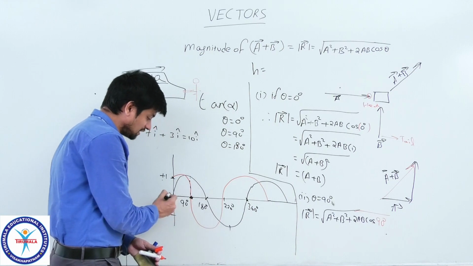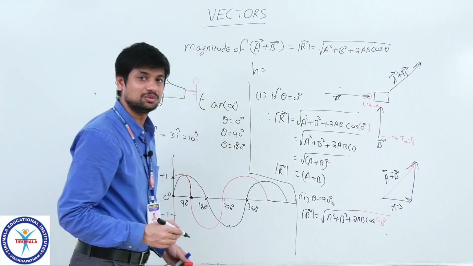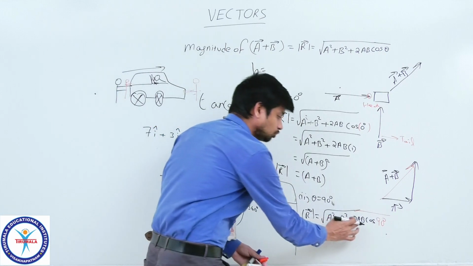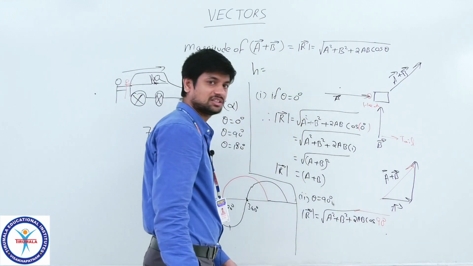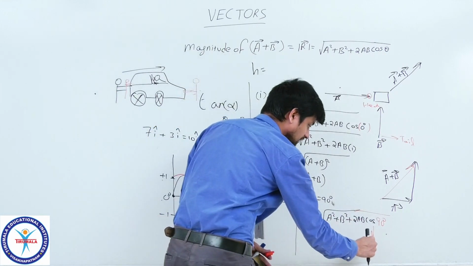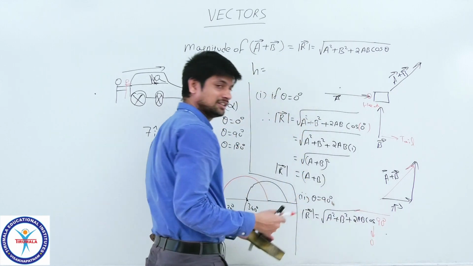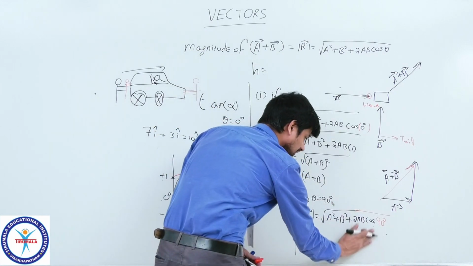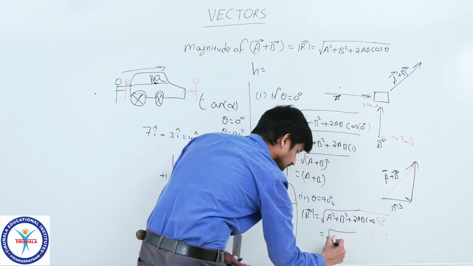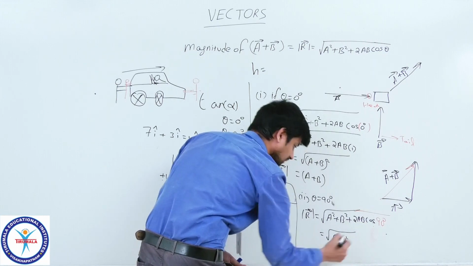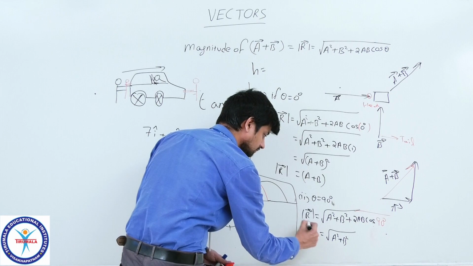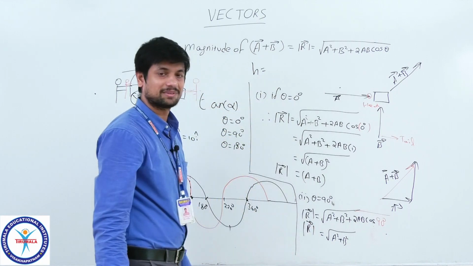Here, what is the value, children? 0. So, 2ab into 0, what will happen, children? This becomes 0, right? So, 0 into 2ab, 0. So, what do you get ultimately? The answer, root of a square plus b square.